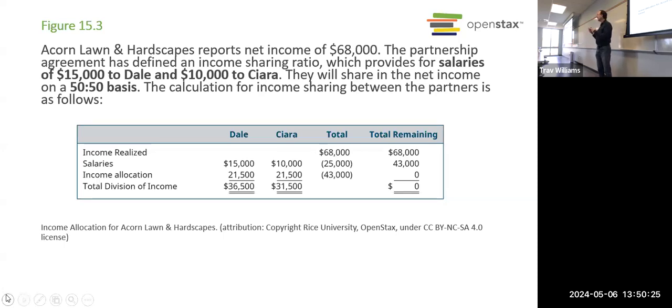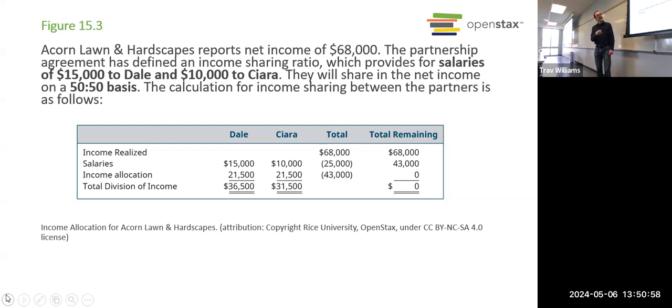You then split that remaining profit according to whatever arrangement they have. In this case, it's a 50-50 split. So you would take that remaining 43,000, divide it in half. Each partner gets half. So when you add their salaries plus their share of the profits, you notice because they have different salaries, they each got different amounts of money, right?